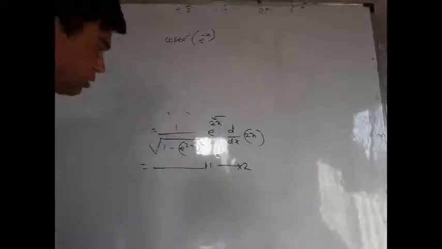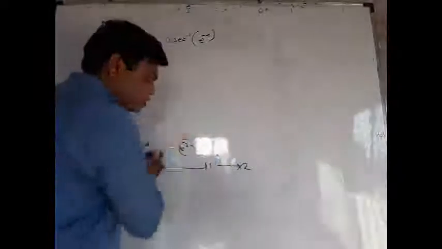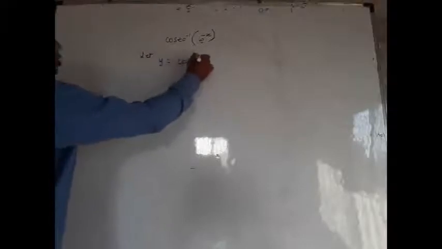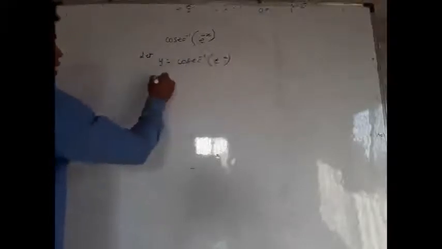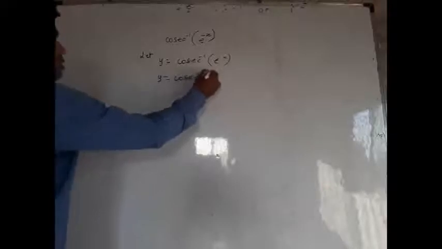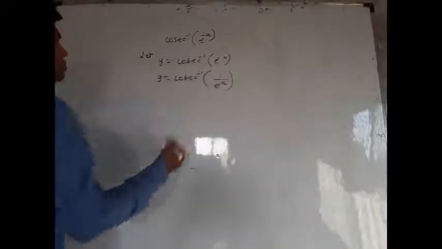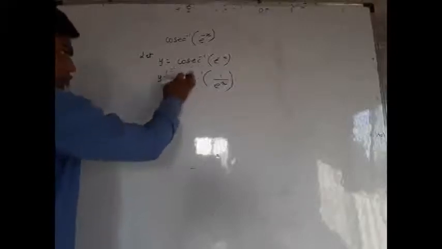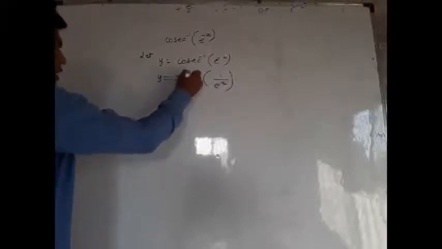We can solve this question by supposing y is equal to cosec inverse of e raised to minus x. It means cosec inverse of 1 upon e raised to x, or instead of cosec we get sine inverse.